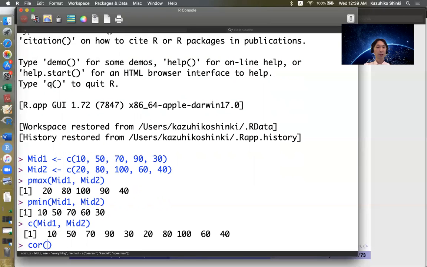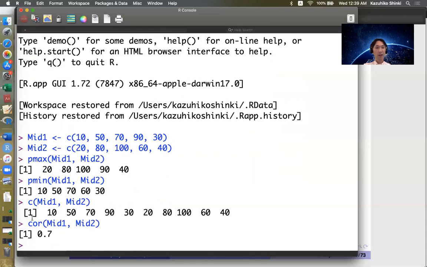Also, some other useful functions, for example, is the correlation coefficient function, cor. So this works in this way. Midterm 1 and midterm 2 has correlation coefficient of 0.7. You can see that when midterm 1 score is higher for a student, then actually the midterm 2 score is also likely to be higher.